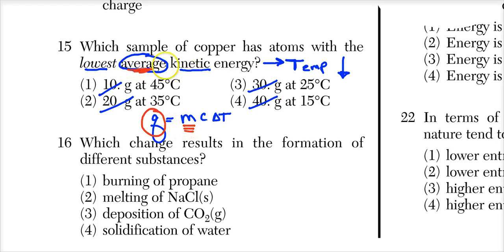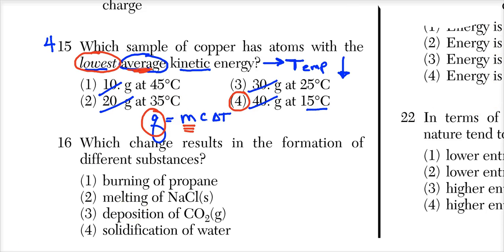But here, the average is just the temperature. In this case, the lowest temperature, since we want the lowest. So who's got the lowest average? Who's got the lowest temperature? Choice 4. Careful when you read this. It's easy to put the highest for the lowest. They were looking for the lowest what? Lowest temperature is the lowest average kinetic energy. So number 15 is 4.